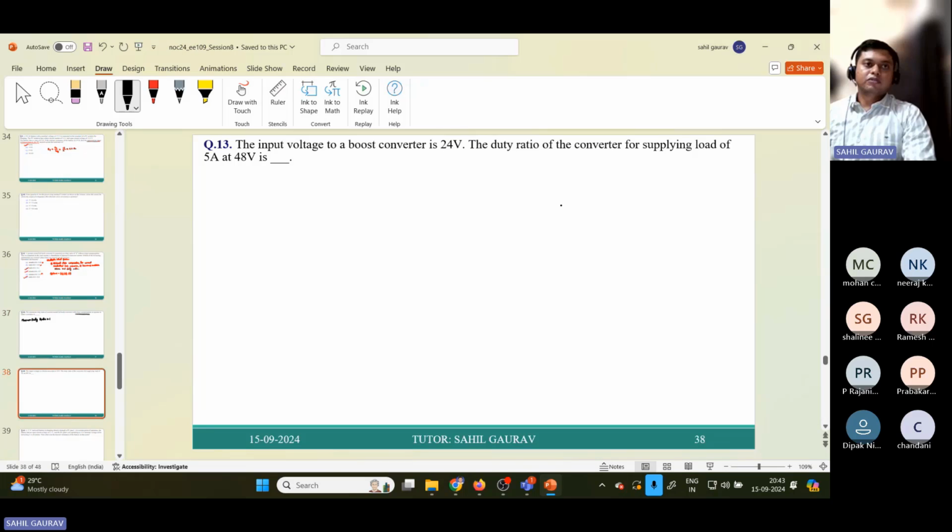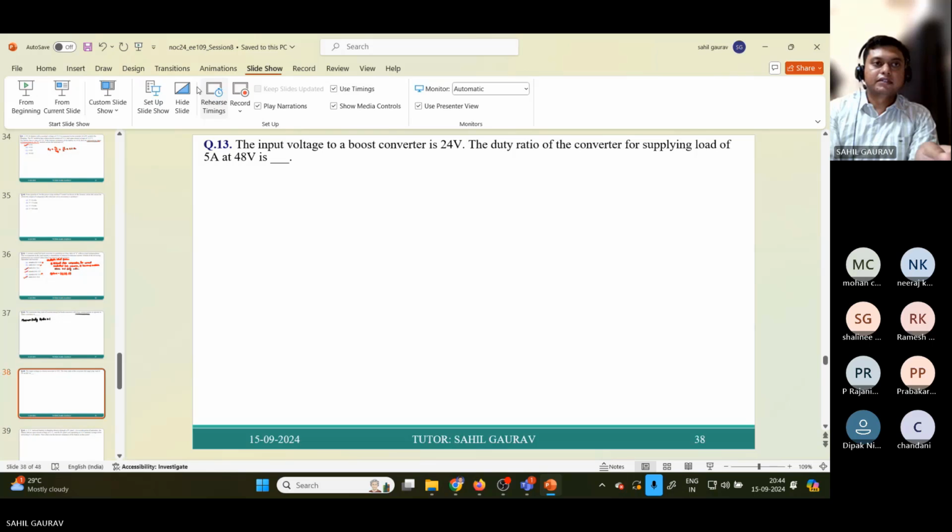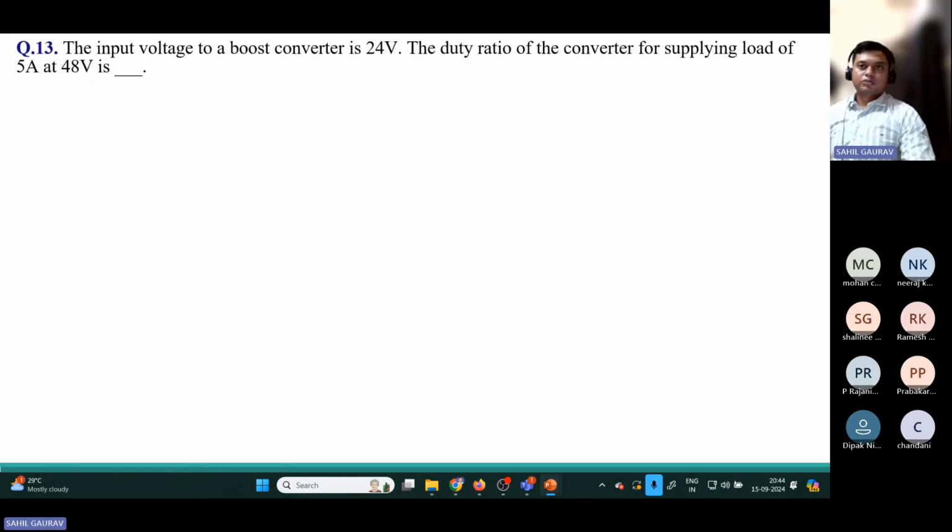So let us see the next problem. The input voltage to a boost converter is 24 volt. Find the duty ratio of the converter for supplying a load of 5 ampere at 48 volt. That is quite a simple one.